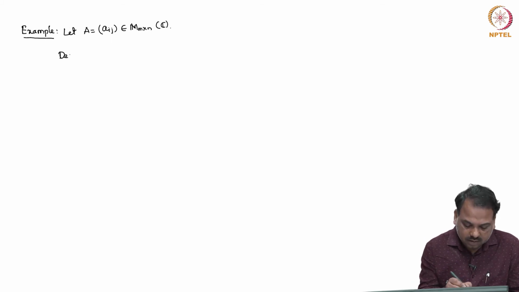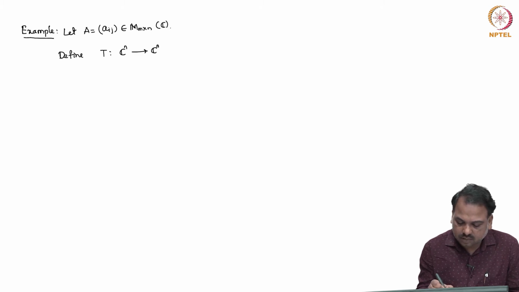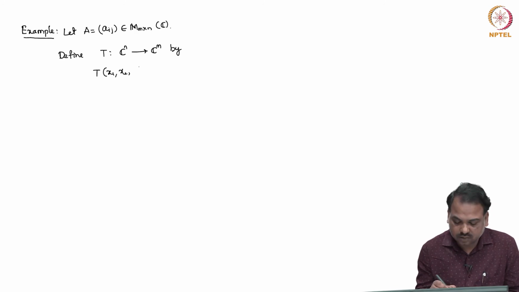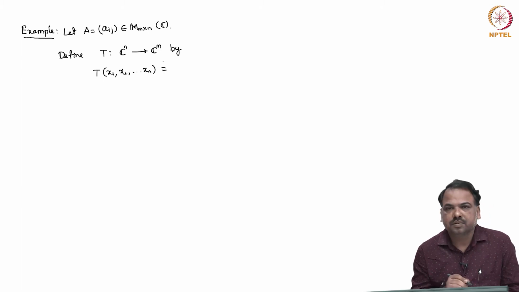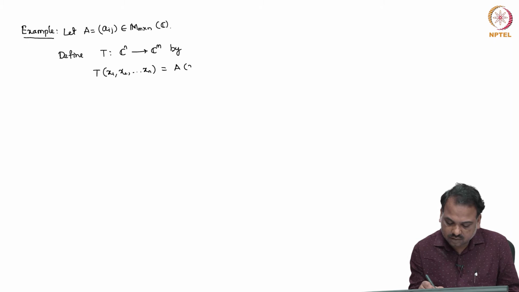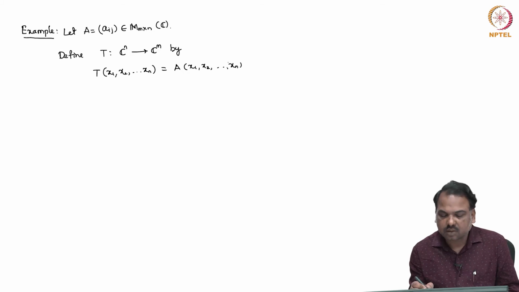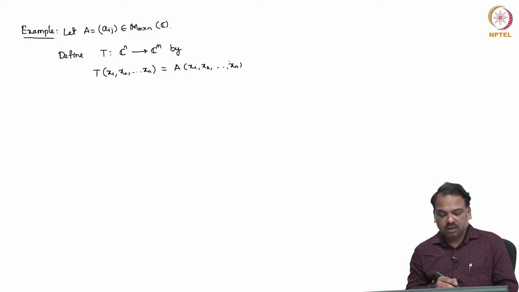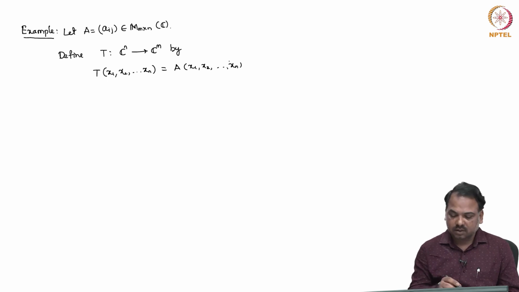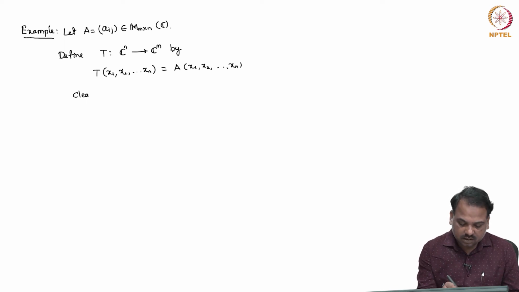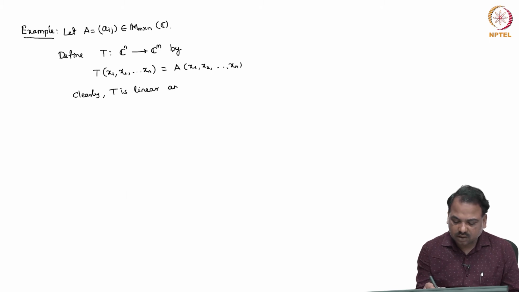So define T from C^n to C^m by T of (x1, x2, so on xn) as A of (x1, x2, so on xn). So by the earlier example, we can conclude that T is bounded. Because A is a matrix, this is linear. So clearly T is linear and bounded by the earlier example.